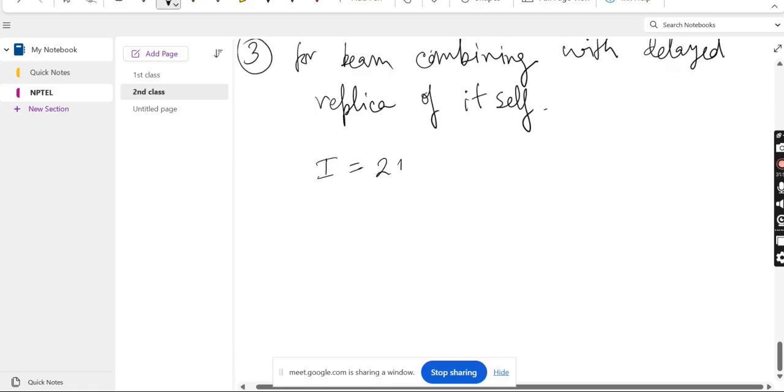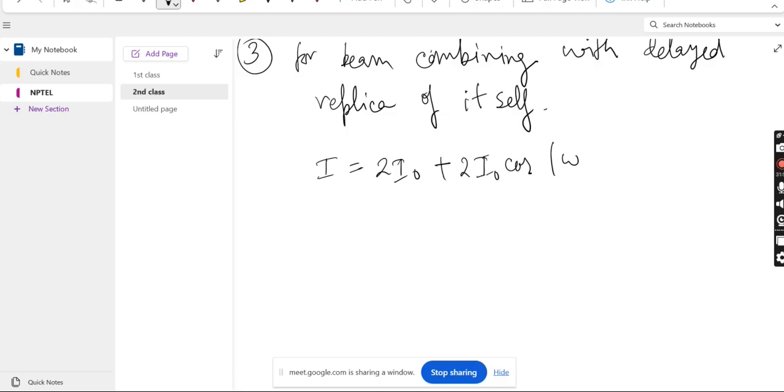I is basically, we can do I naught plus 3 I naught cos of omega tau. Here tau is the delay.